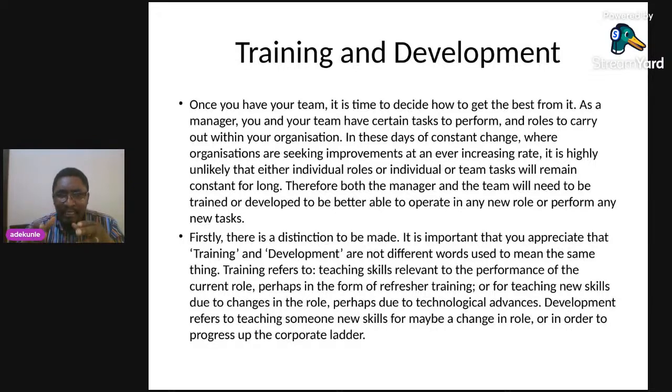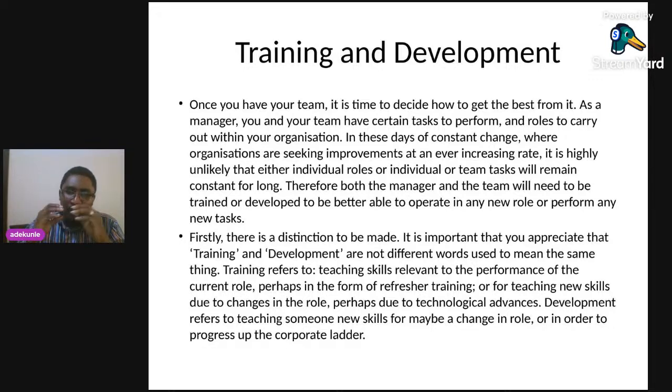It is important that the organization understands the kind of training they want to give, because training itself, by definition, refers to teaching skills relevant to the performance of the current role, perhaps in the form of refresher training, or for teaching new skills due to changes in role, perhaps due to technological advancements. These are some of the reasons why you look at training: teaching skills relevant to the performance of current roles for any individual within the organization.